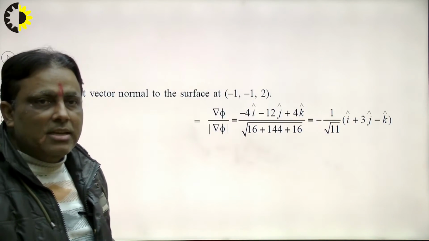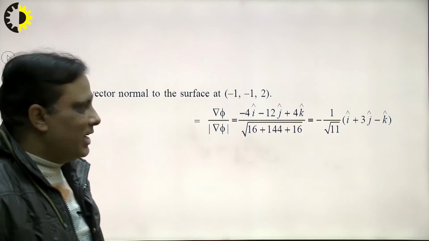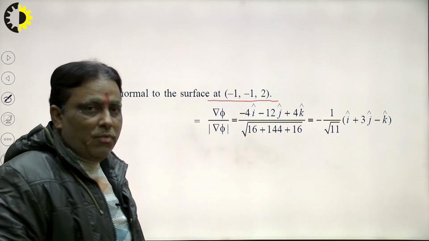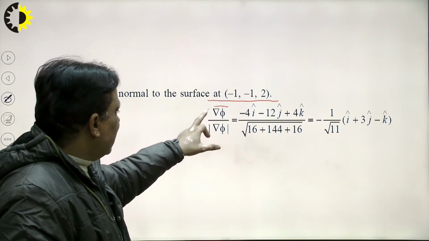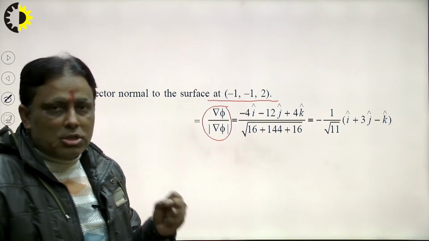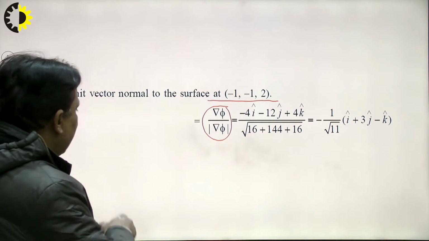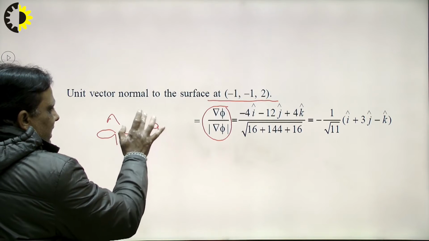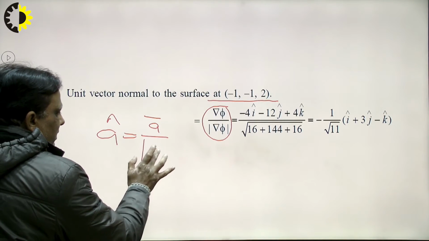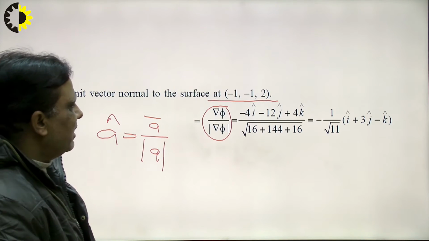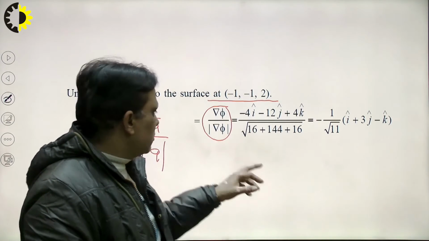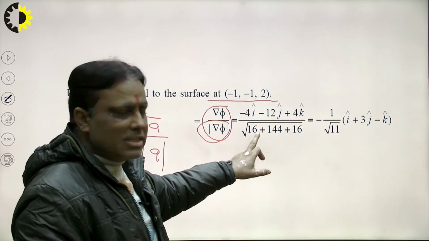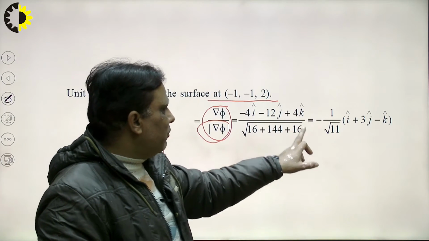We see that the unit normal vector to the surface at this point. That is the definition of unit vector: vector upon modulus of the vector. Suppose I have a vector and I want to calculate the unit vector. So the definition is vector A upon modulus of A. I write here, and the modulus of this I explained just now how to calculate. (-4) square is 16, 12 square is 144, 4 is 16.